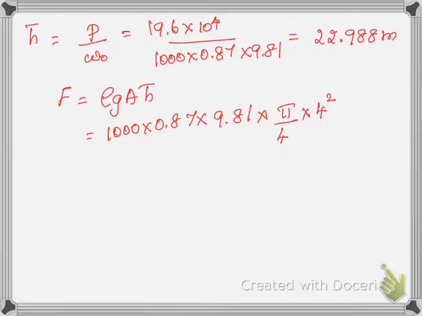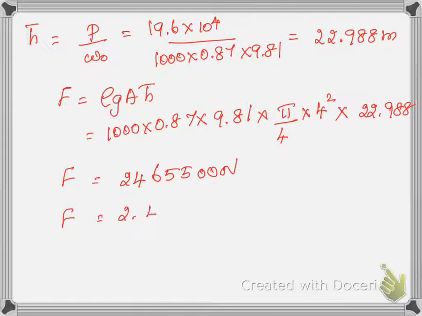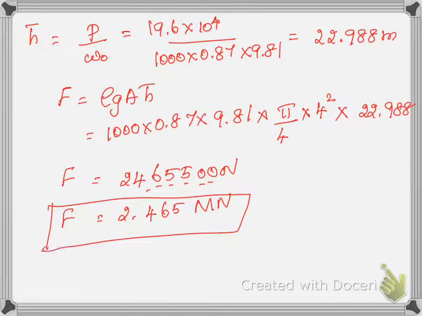So I am putting my area as pi by 4 into 4 square, into h bar, which I have calculated as 22.988. So my force will be equal to 2465500 Newton, or 2.465 mega Newton. So this is going to be the one answer.